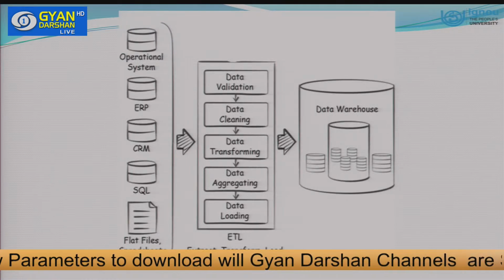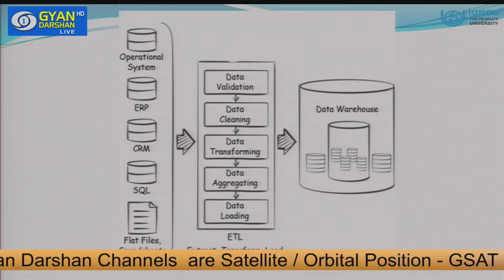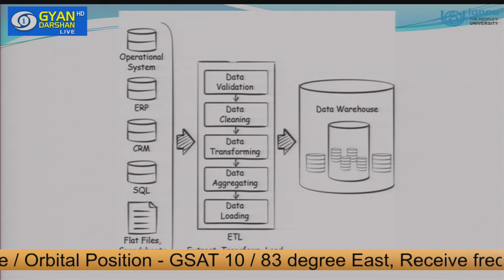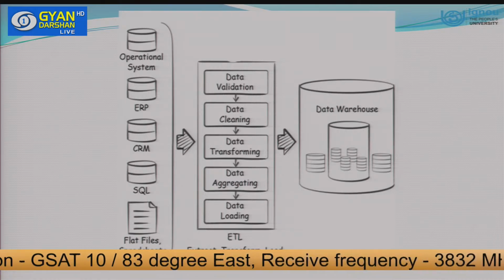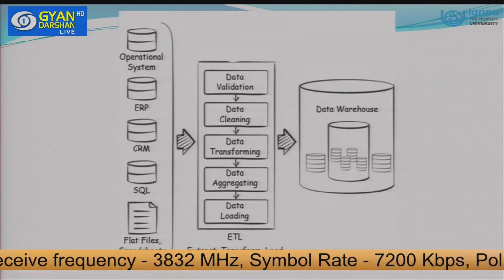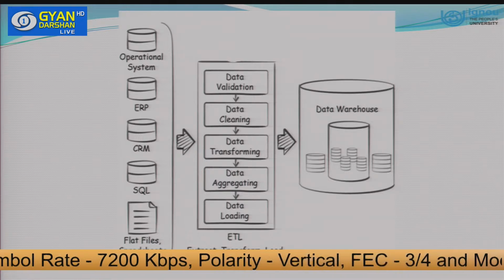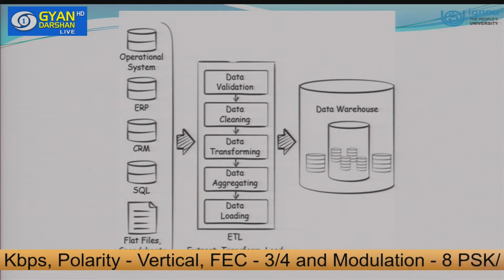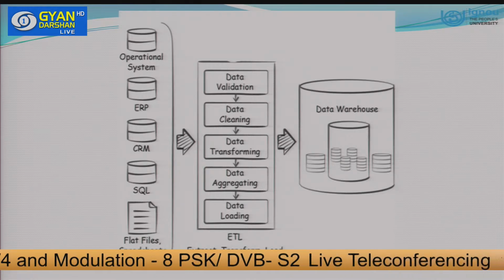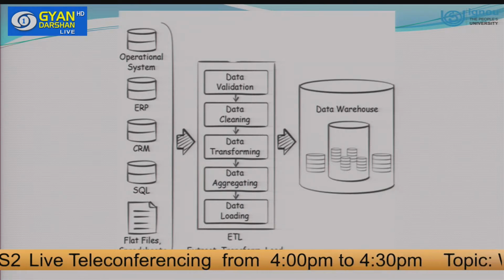So this is the figure. You can see there are various data sources on the left hand side. Those are the data coming from the operational systems, the ERP data, customer relationship management data, SQL, NoSQL data may be another source, and then flat files, spreadsheets. So these are various data sources lying on the left hand side, and there should be a uniform or logical way of combining all the required data and loading it into the primary database.